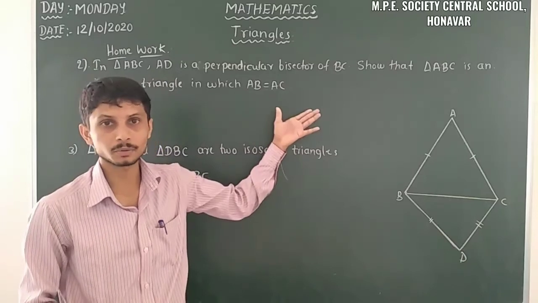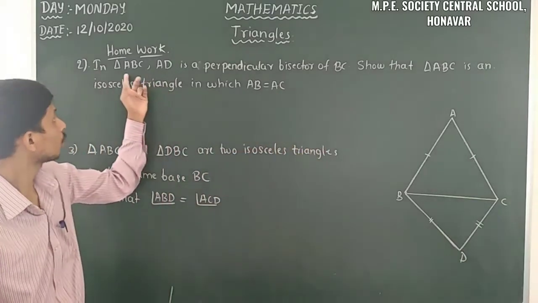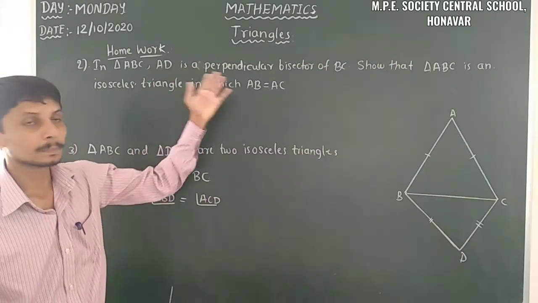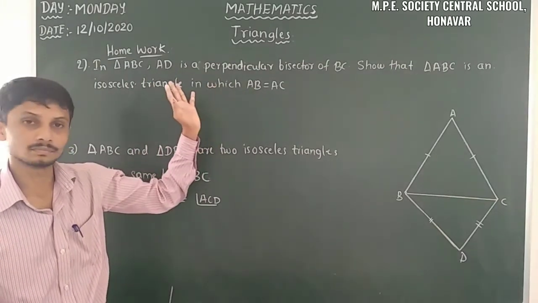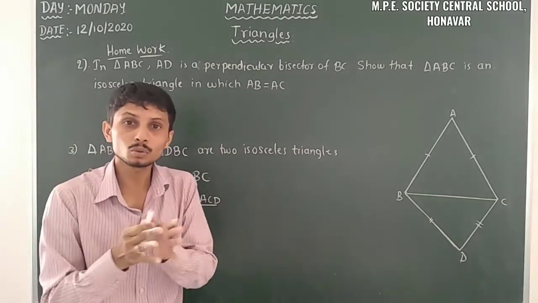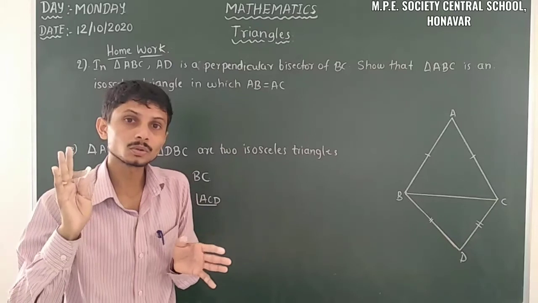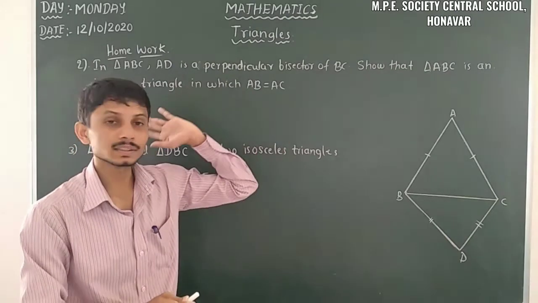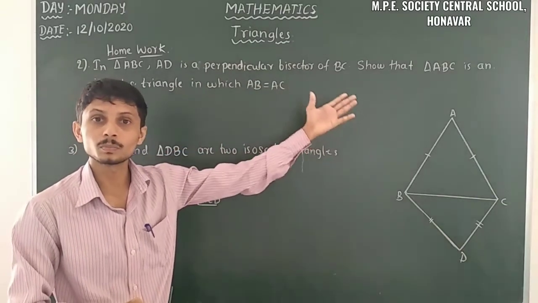It's similar to that one. Initially you have to draw a triangle ABC and take a perpendicular AD, a bisector of BC. That means it divides BC into two equal parts. You can take that as evidence for proving this theorem.